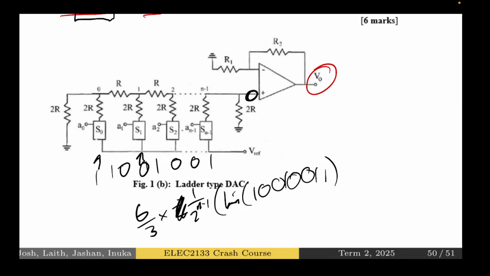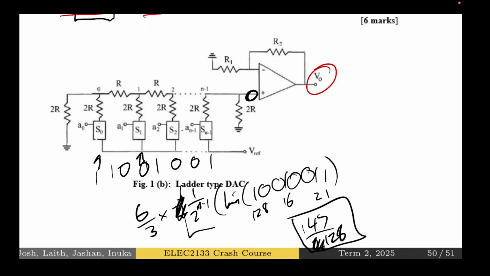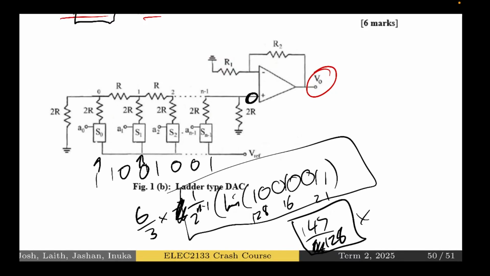Does anyone know what this is? 1, 2, 4, 8, 16, 32, 64, 128. Let's add these up. 147-ish gets divided by 128. All right, and that right there is this whole number. We multiply by 2. All right, and that is going to be V plus.